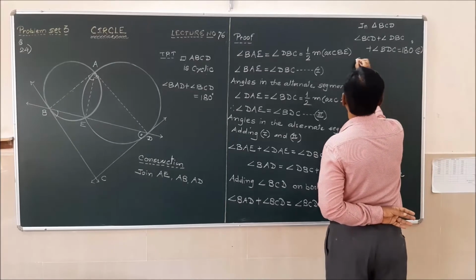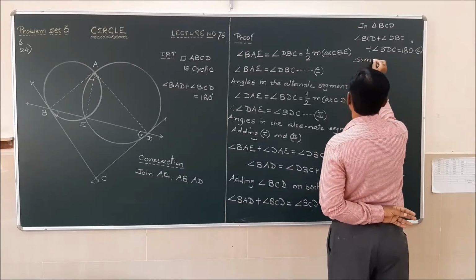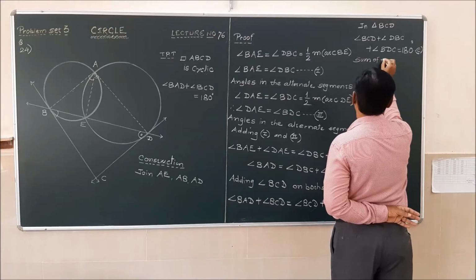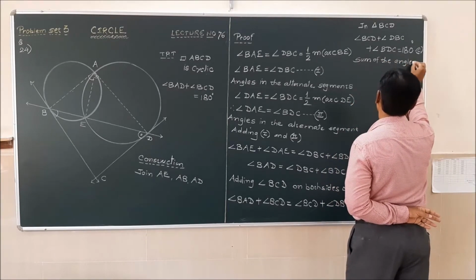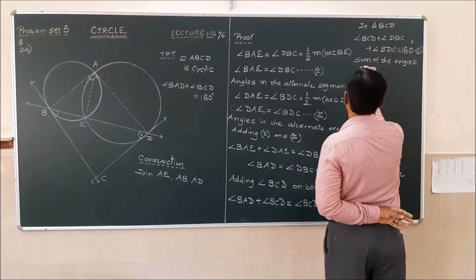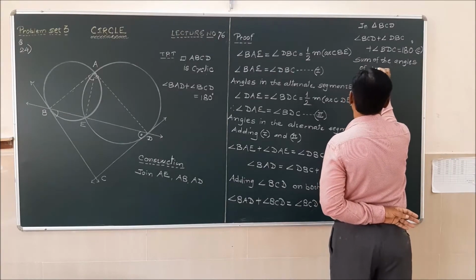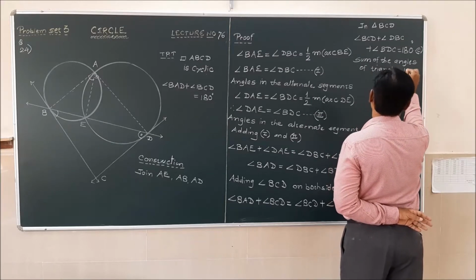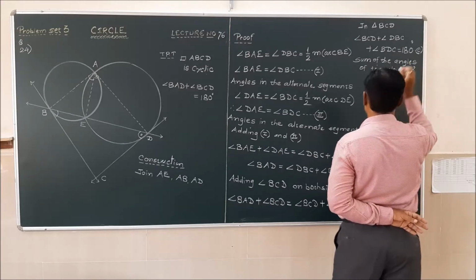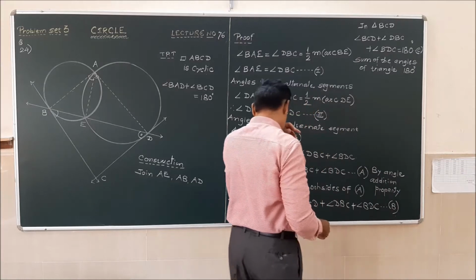Sum of the angles of a triangle is 180. Okay, please try to understand here.